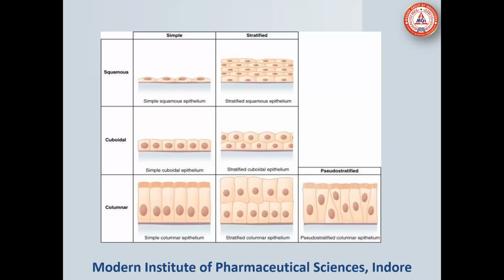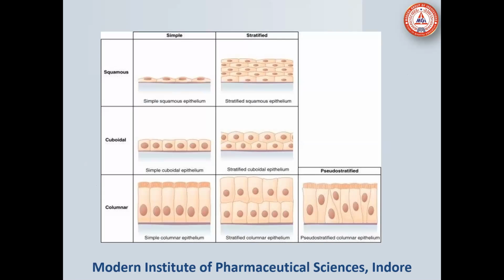As you can see in the diagram, the squamous epithelial cell is divided into two: simple squamous epithelial cell and stratified squamous epithelial cell. The cuboidal epithelial cell is divided into two: simple cuboidal epithelium and stratified cuboidal epithelium.